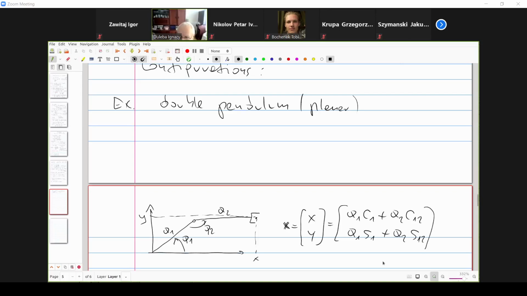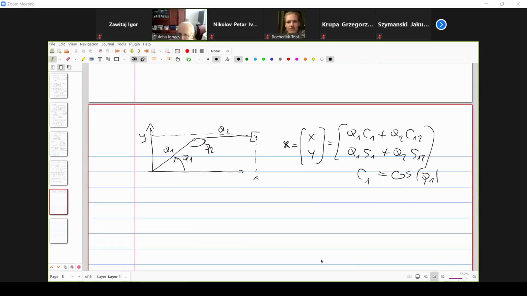And as you know, X is A1 cosinus of Q1 plus A2 cosinus of Q1 plus Q2, and Y is with sinus. Okay, so I have the kinematics. So the dimensionality of X is equal to 2 because I have two components.